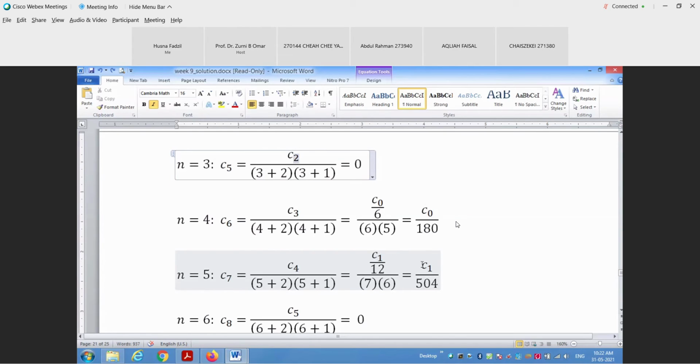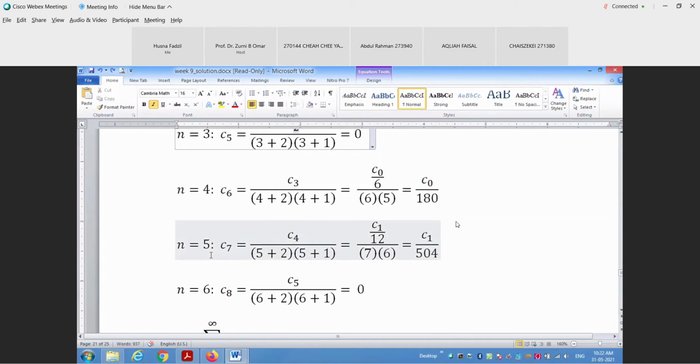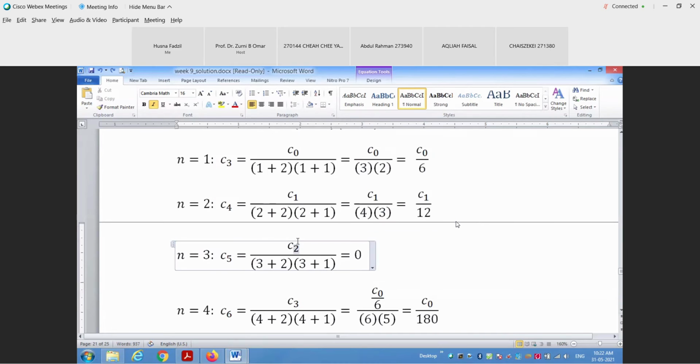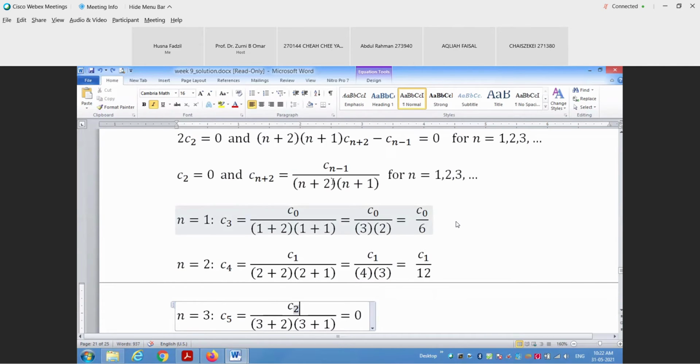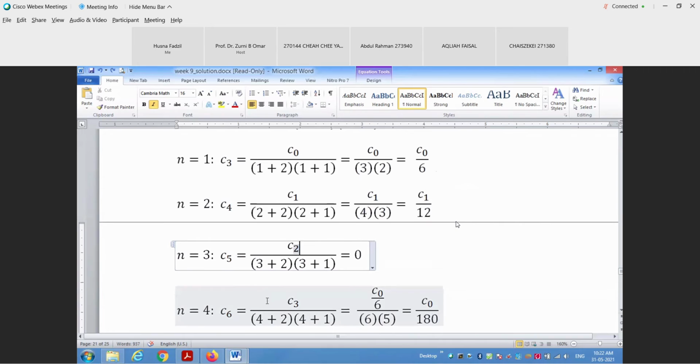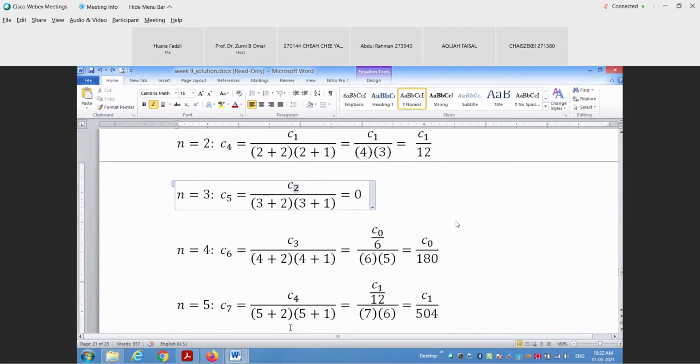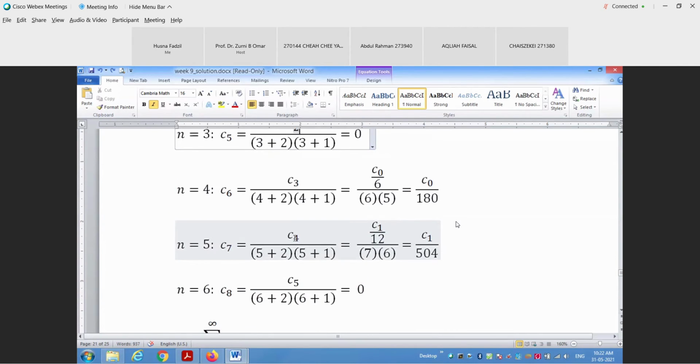Okay. Similarly, for n equal to 5, we have C7. C7 equal to C4, because n equal to 5, 5 minus 1 equal to 4.